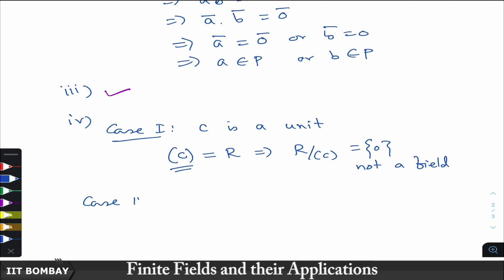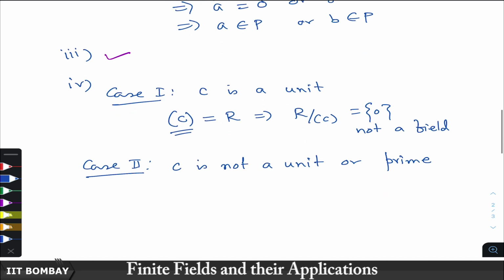Case 2 is C is not a unit and not a prime, in which case we know that C has a non-trivial factor.